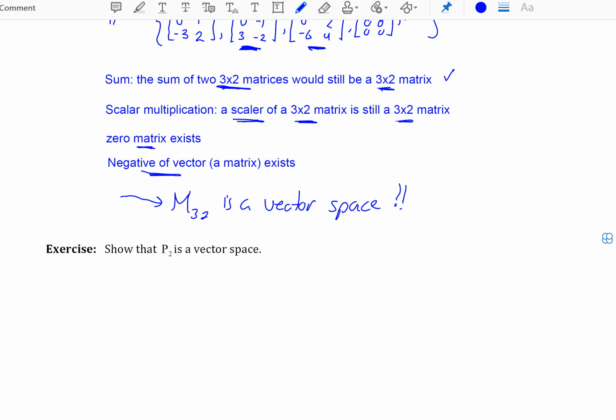So P2 would be equal to the set of things that look like ax squared plus bx plus c, such that a, b, and c are elements of your real numbers. So with real coefficients. This is what P2 looks like.